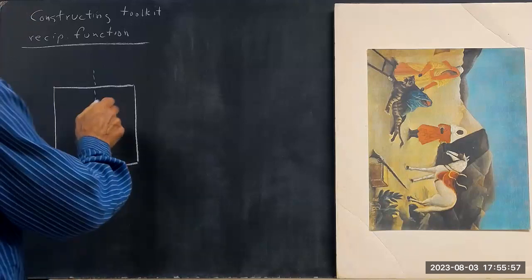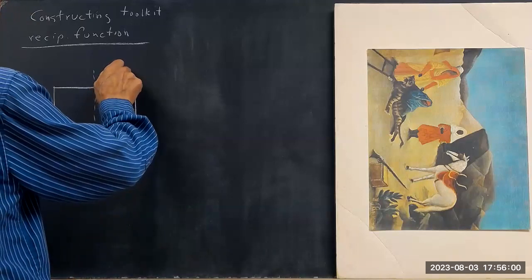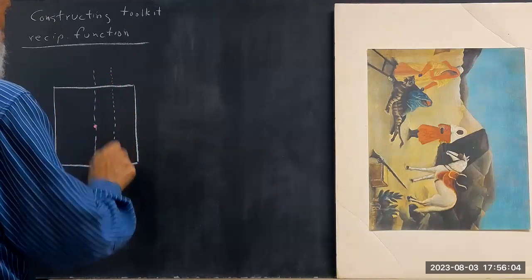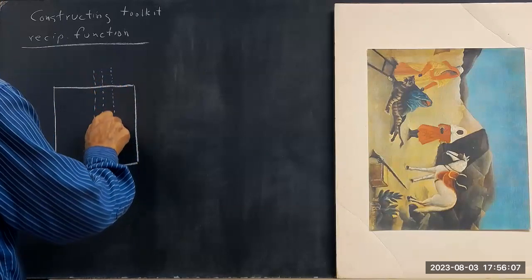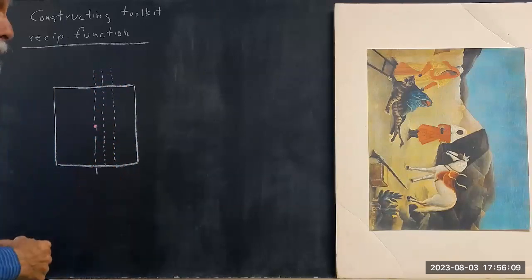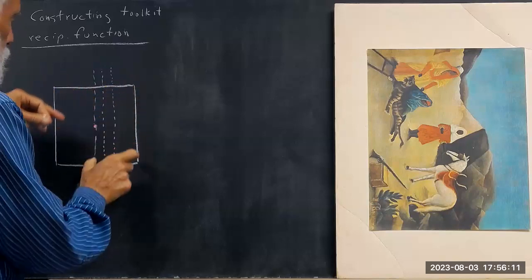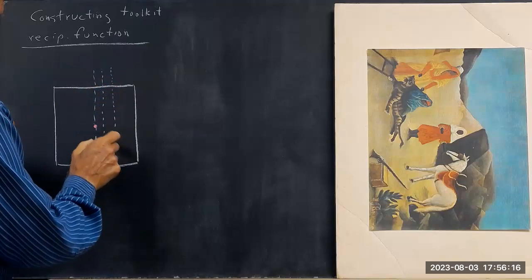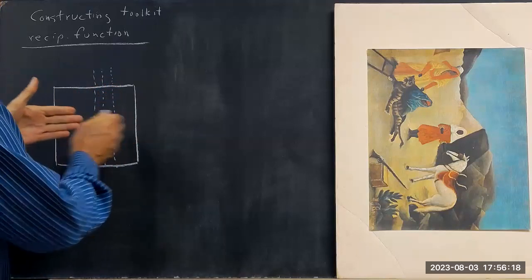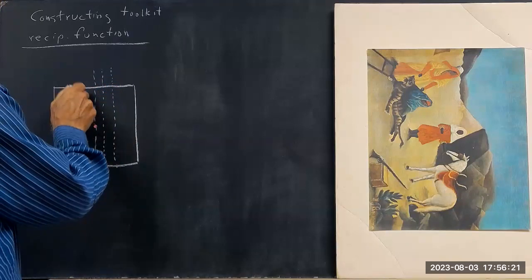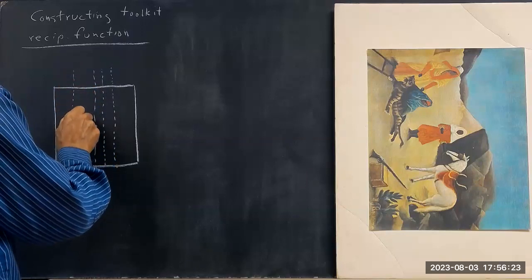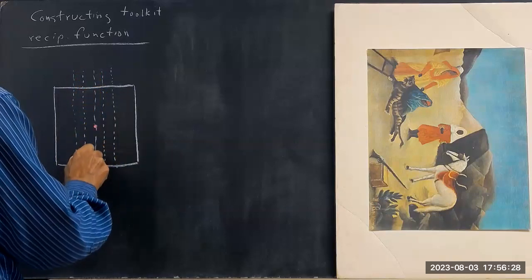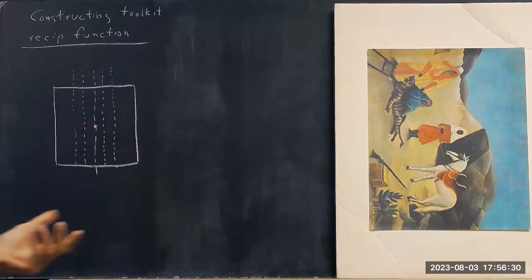So the subdivision on the vertical is going to be identical to what we used for the toolkit squaring function. We divide the rectangle on the right hand side in half, and then that new rectangle in half, always going toward the center point. And then at the left, we do the same thing.